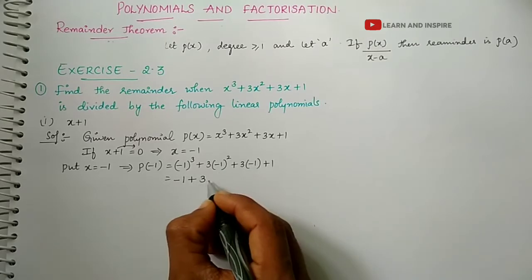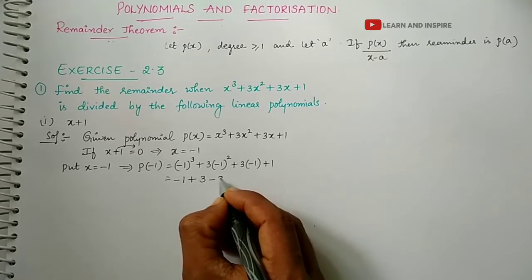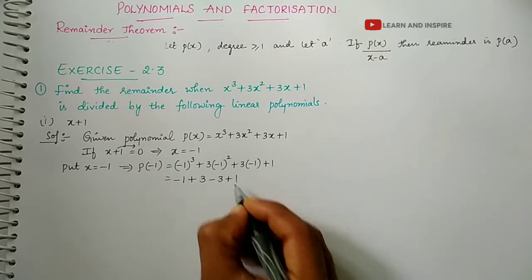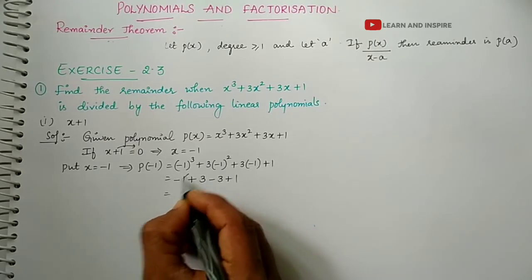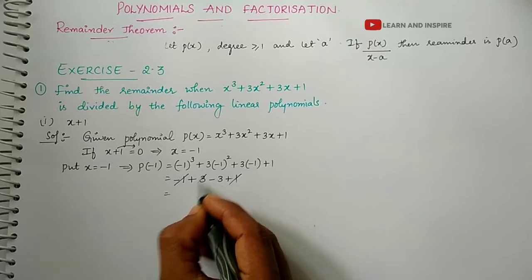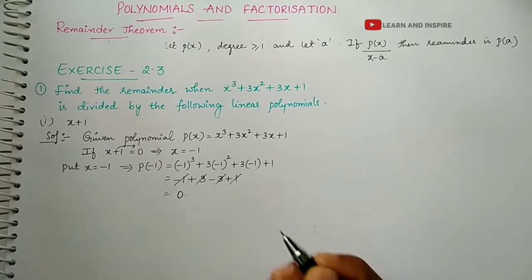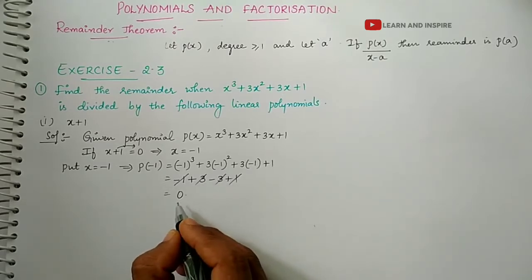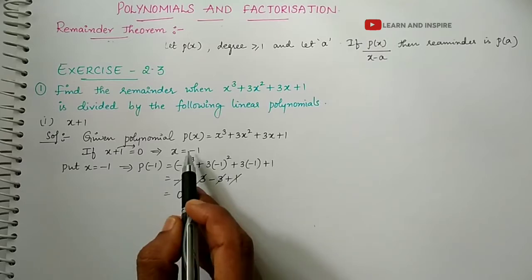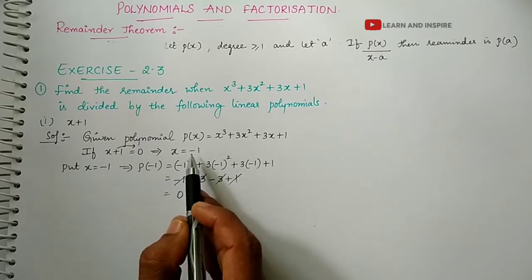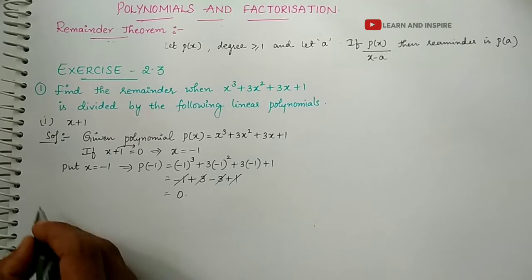Plus 3 into minus 1 is minus 3, plus 1 as it is. Here minus 1 plus 1 get cancelled and plus 3 minus 3 get cancelled. So the remainder is 0 when x equals minus 1. Understood?